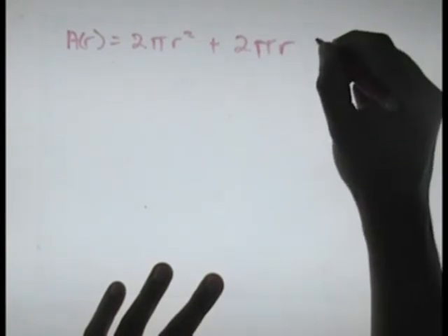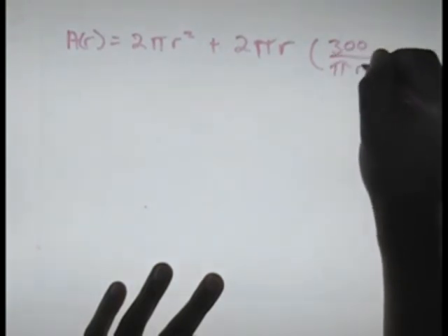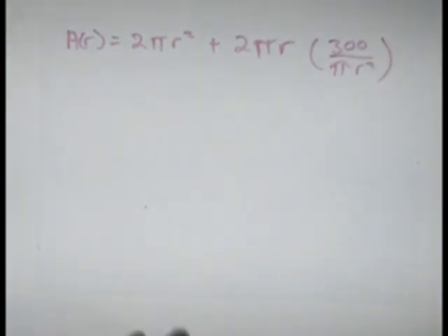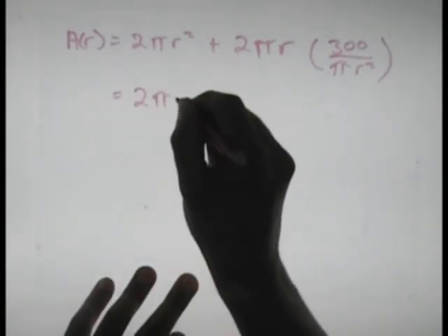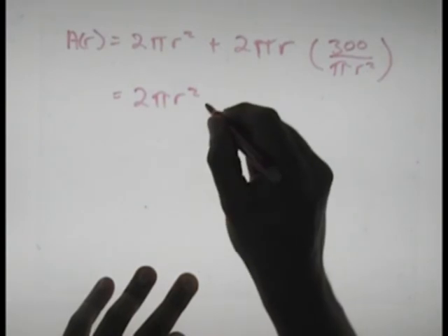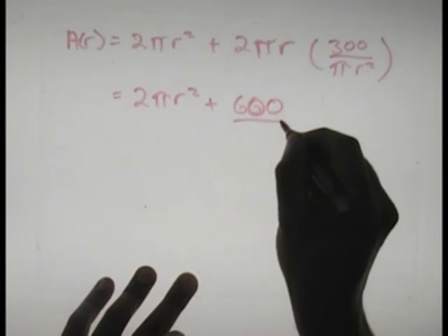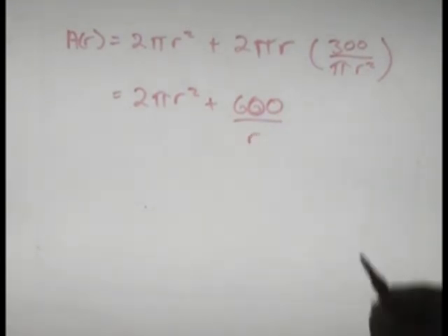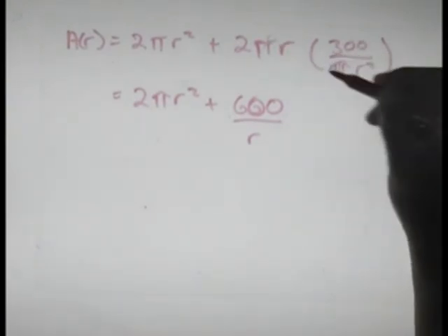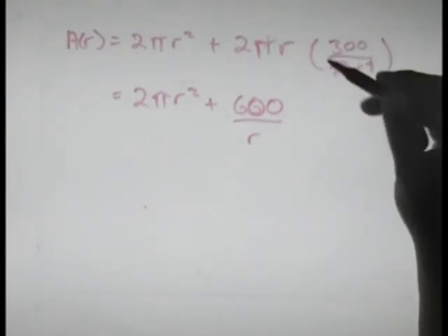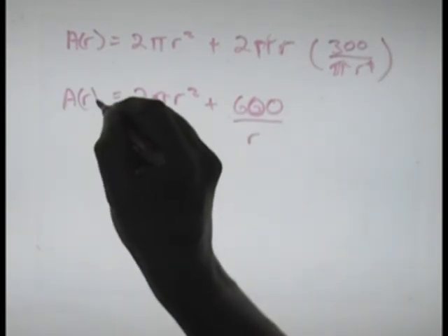Instead of h, I'm going to say 300 over pi r squared, which is going to equal 2 pi r squared plus 600 over r, because 300 times 2 is 600. The pi's cancel, r cancels with one of the r's. This is my area in terms of r.